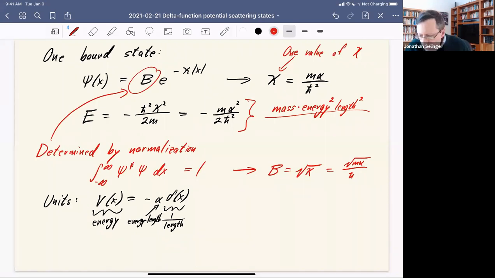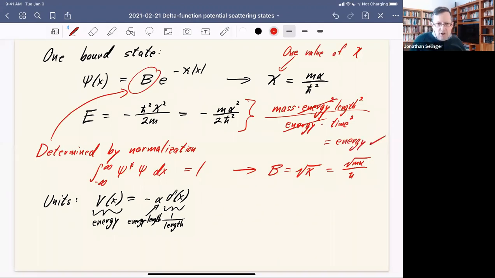So we have energy squared times time squared in the denominator. Let's see if we cancel these energy squareds. Then we have mass times length squared divided by time squared. That's like m v squared, like in the kinetic energy. So this is indeed energy.